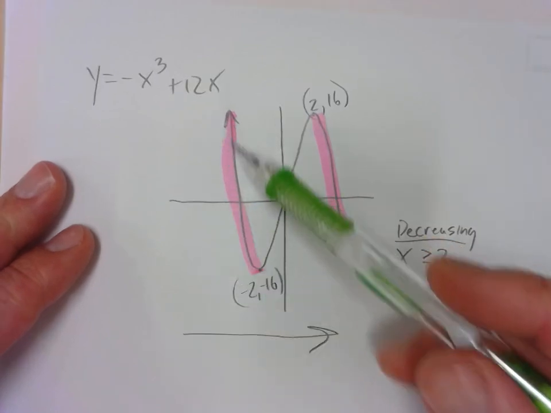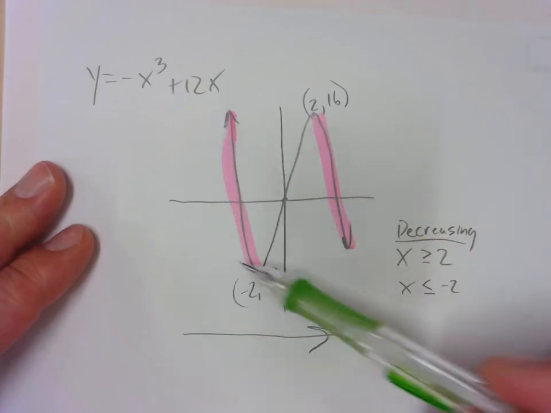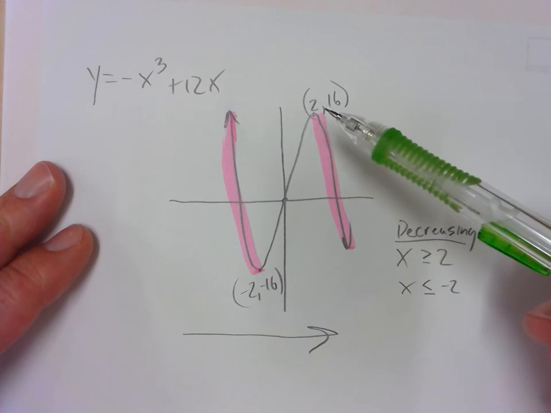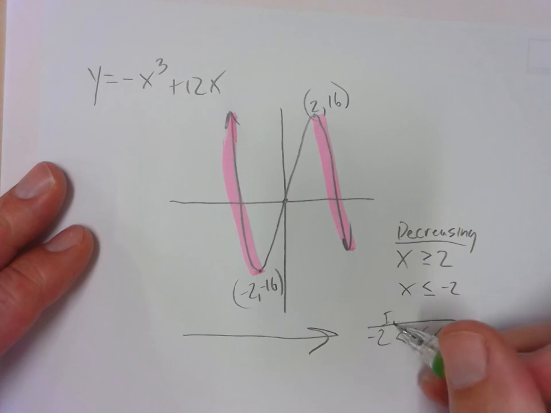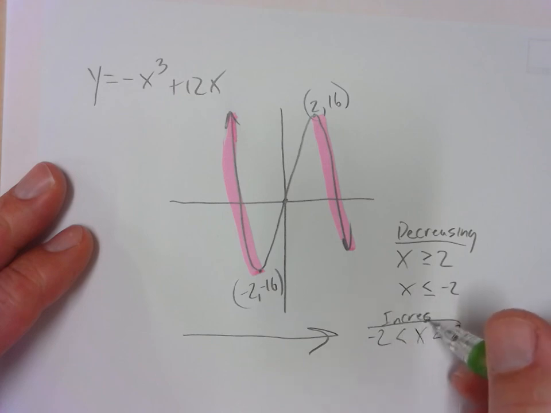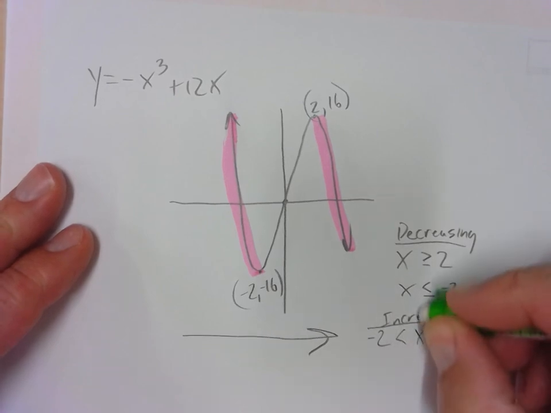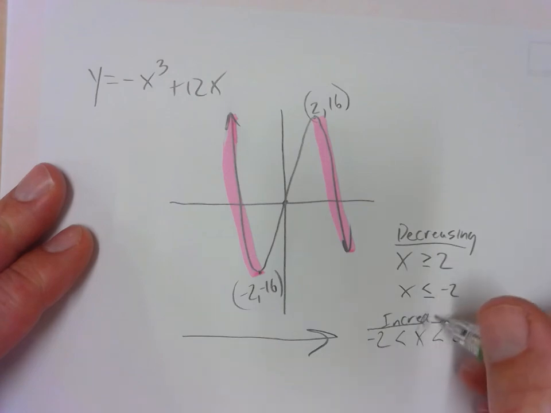So when -2 and below, it's decreasing, and -2 and above, it's increasing. And so then in between, it is increasing.